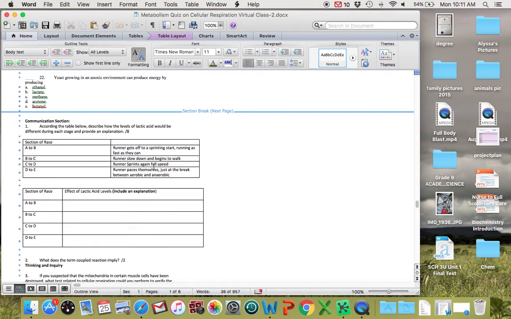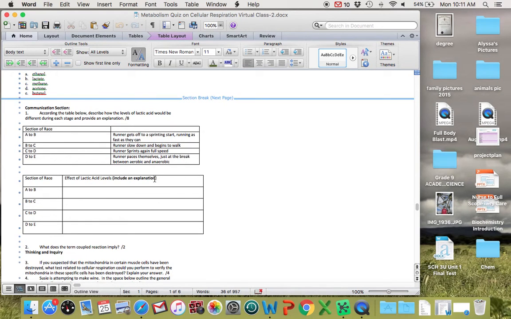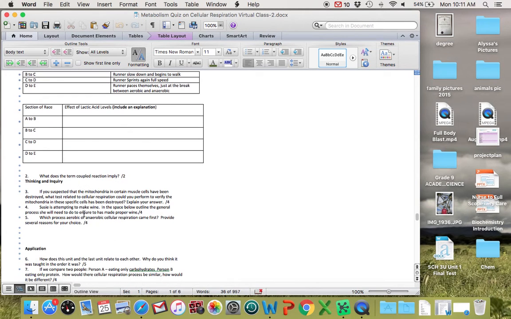When they sprint again, lactic acid builds up. When they're pacing themselves, lactic acid levels won't be changing. You're not producing too little oxygen that you're building it up, nor too much that you're breaking it down, so you're at a standstill.